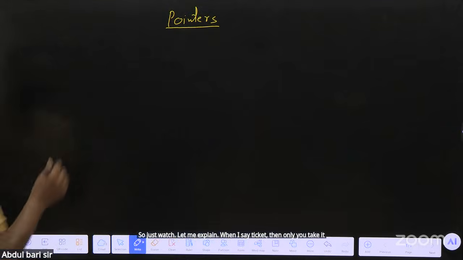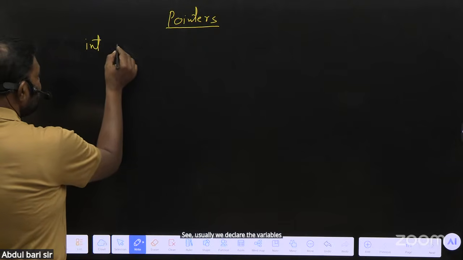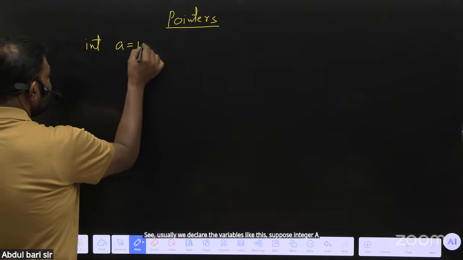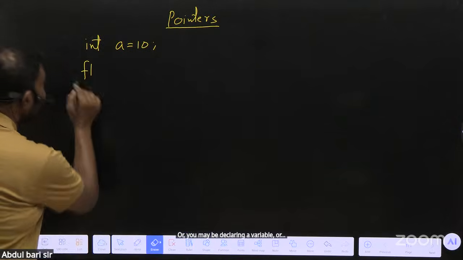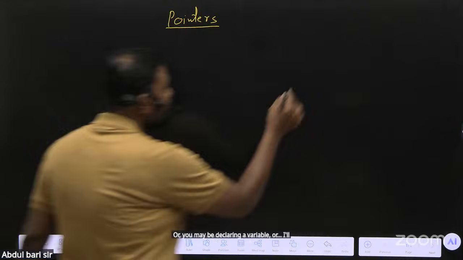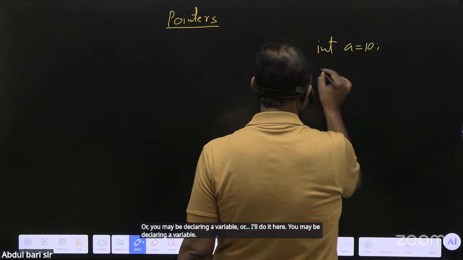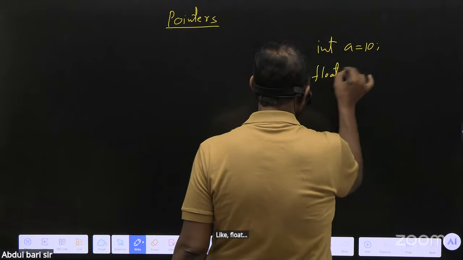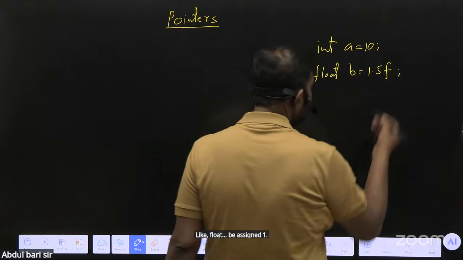Okay, let us start. Usually we declare the variables like this. Suppose int a assigned 10, or you may be declaring a variable like float b assigned 1.5f, something like this.